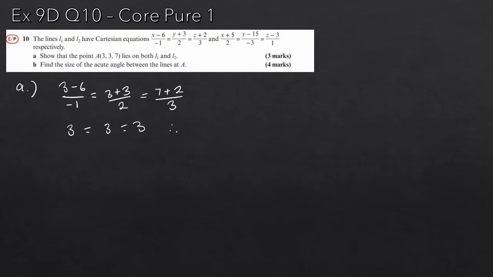So therefore, 3, 3, 7 lies on L1. And then L2, so we're subbing 3, 3, 7 in again, so that's 3 plus 5 over 2. That's going to be equal to 3 minus 15 over 2, minus 3, getting carried away, minus 3.